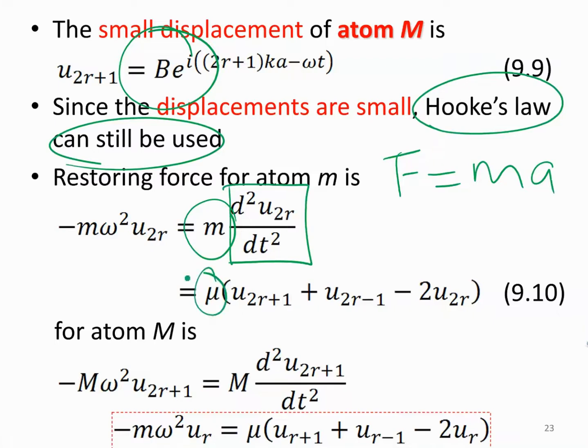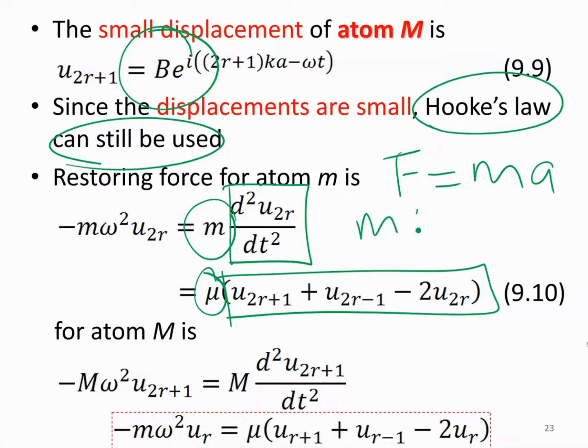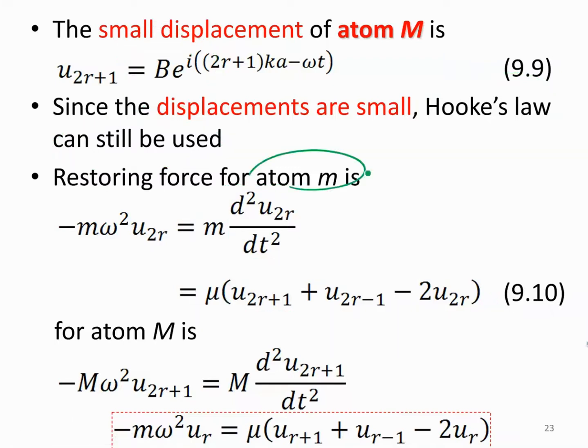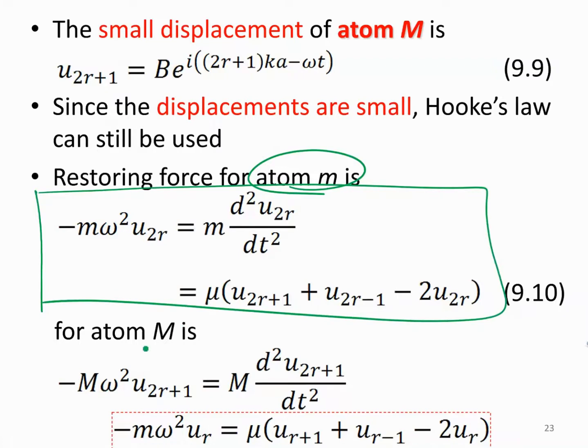Then this mu is the Hooke constant. Again, the same thing. So ma equals the force from Hooke's law. So from these two equations, we have two atoms. The first atom is the lighter atom, small letter m, equal to this one. And the second atom is the heavier atom, equal to this equation.